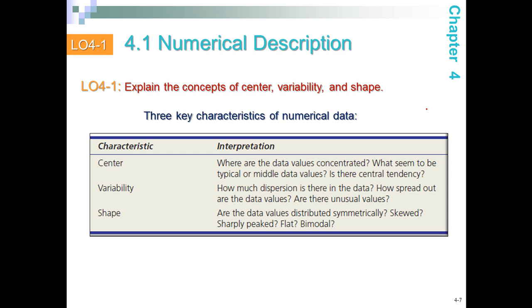Now the charts, tables and graphs that we did in Chapter 3 are actually types of descriptive statistics, but we're going to focus more on the measures of center, variability and shape, and these all come in the form of numbers or specific statistics that we will look at as we go through this.